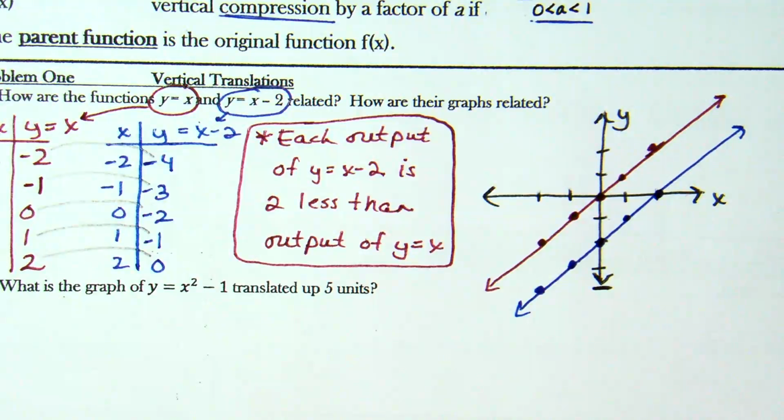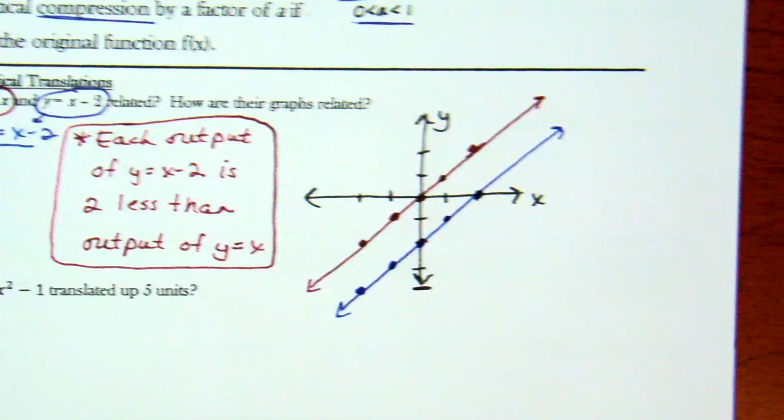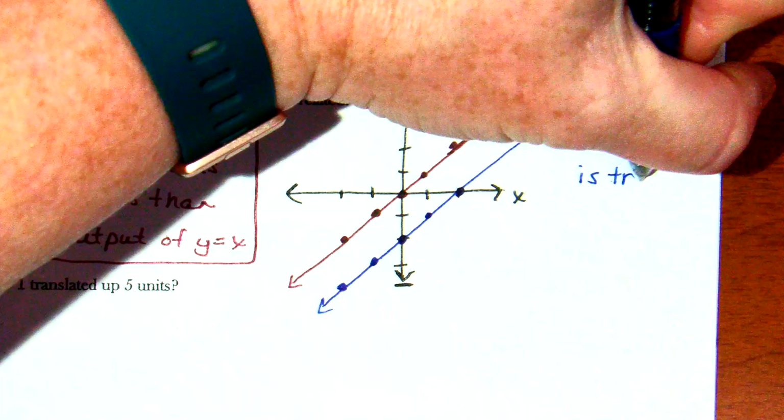And so, how are the graphs related? The graph was translated down 2 units is where I was going with this part. The graph is translated down 2 units.